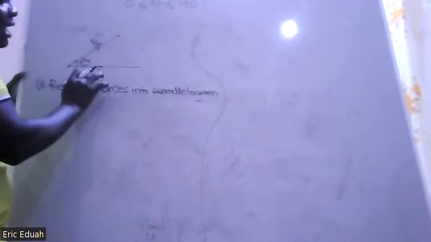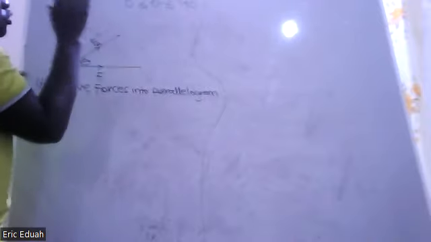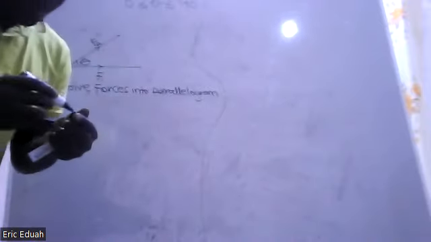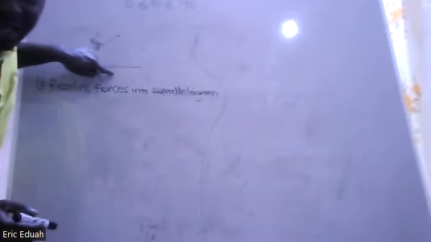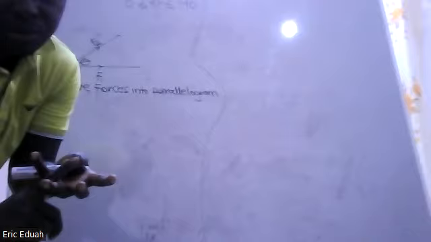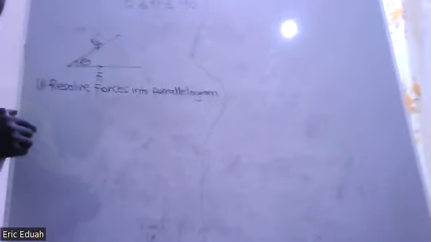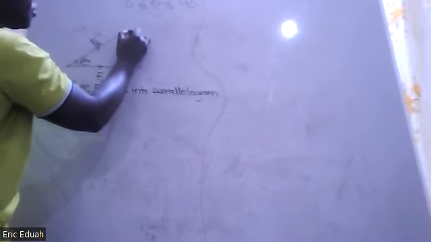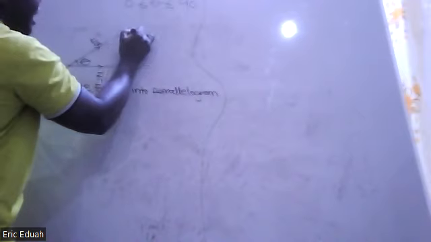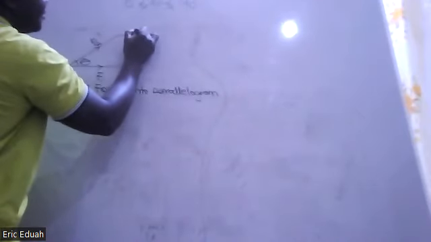So I'm going to put F1 on F2. But what I'm going to put on F2 must be equal to F1, and they must be parallel. Okay? The two must also be parallel. So you have to draw a line, but you have to ensure that these two lines, this and this, are parallel.